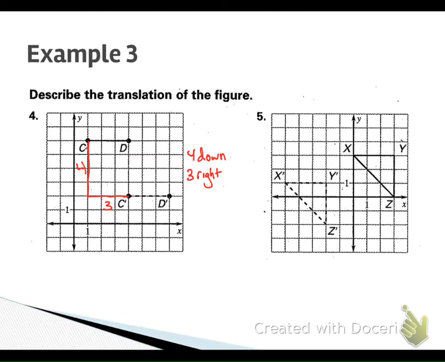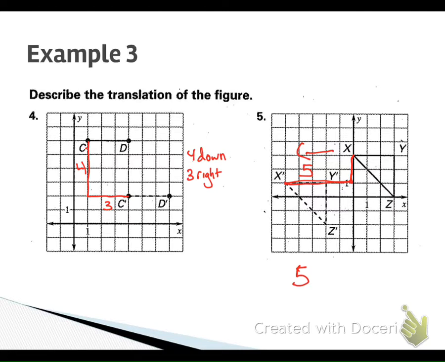We have another chance to do it again over here with our triangle X, Y, Z. Which point do you want to use as our reference? X, that works for me. So I'm going to draw from X to X prime. So how many units over am I going in which direction? 5. So remember, this is our original.